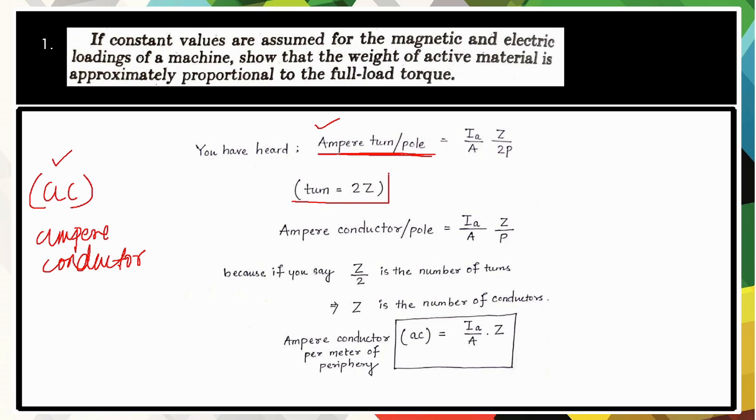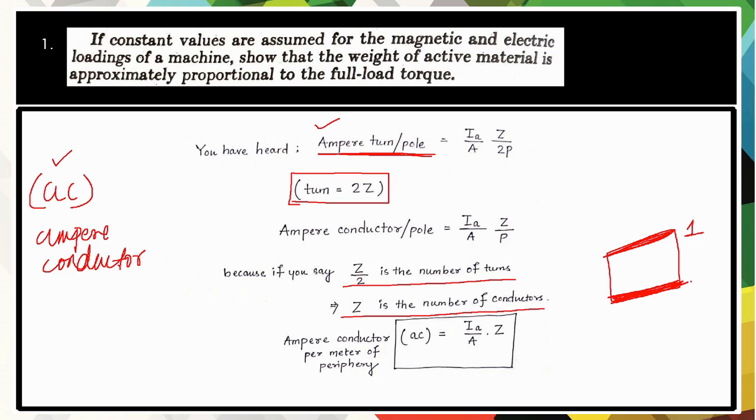As we know, 1 turn equal to 2 conductors. So ampere conductor per pole will be Ia by A, Z by P. Because if Z by 2 is the number of turns, then Z is the number of conductors. I mean, if this is a turn, there are 2 conductors.